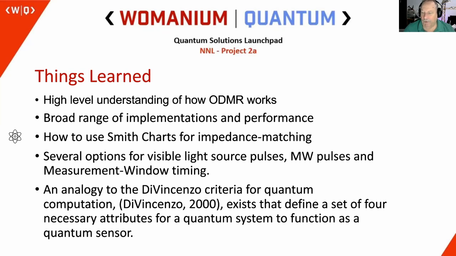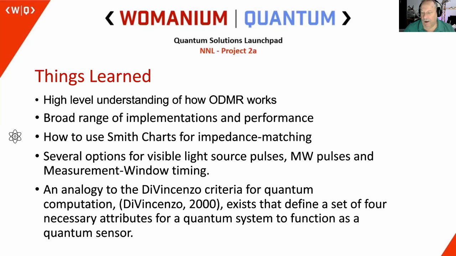There were several options for visible light source pulses and microwave pulses, and the measurement window timing. So depending on how you sequence these events, the light pulses, the microwave pulses, and the timing window, you could get the vacancy to operate in slightly different modes.